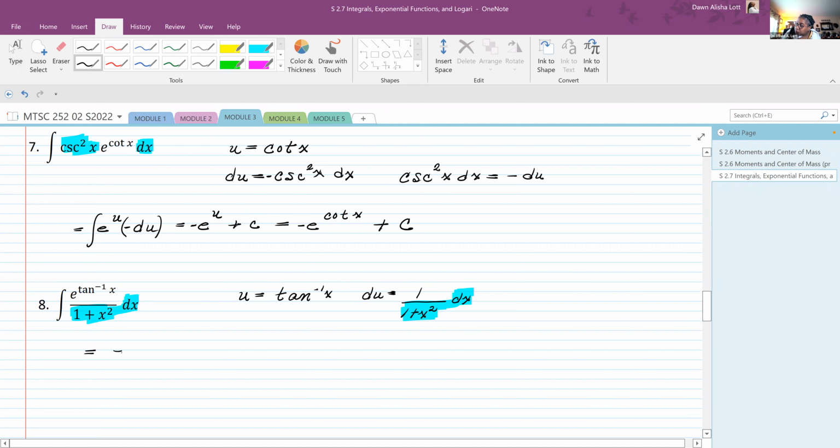This becomes e to the u, and dx over 1 plus x squared becomes du. I'm done. These are not hard. Just gonna keep going.